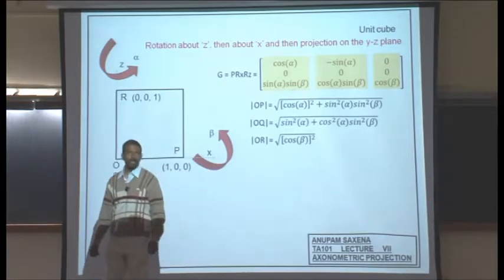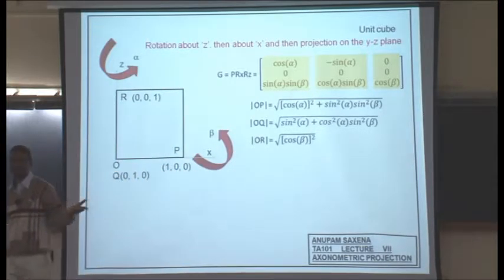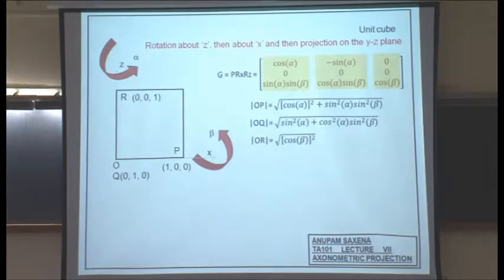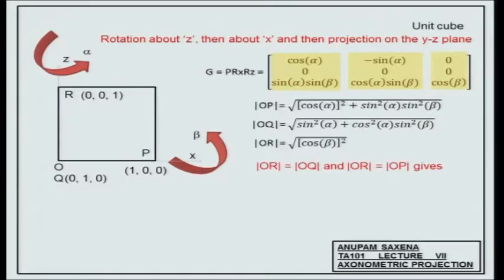How many equations? 2. How many unknowns? 2. So if I say that OP equals OQ and OR equals OP, I should be able to solve for alpha and beta. How many solutions do you expect?